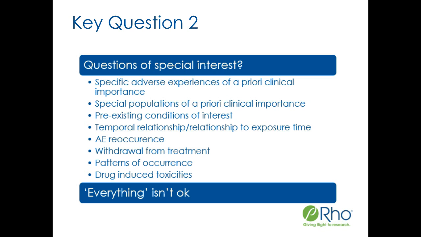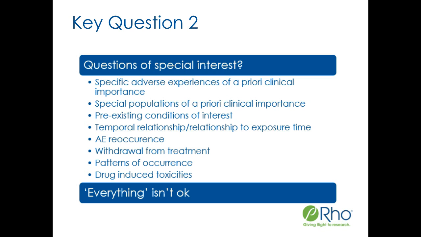You have to focus on what is important for your compound, for your indication, for your therapeutic area. One of my colleagues routinely says, don't send a mine and tell the agency to find the diamonds. You need to focus, and you need to tell the agency about the diamonds.